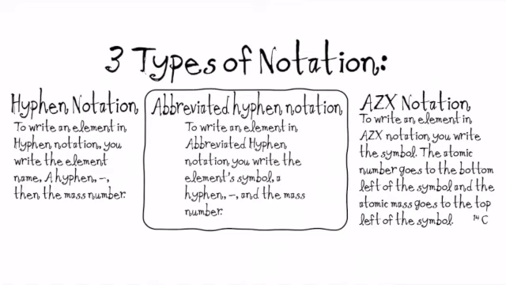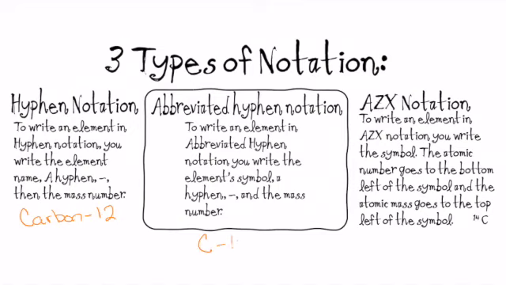So there are 3 different types of notation, or ways of writing different elements. The first is hyphen notation. So to write an element in hyphen notation, you write the element's name, a hyphen, then the mass number. So like the example before, carbon hyphen 12. In abbreviated hyphen notation, you write the element's symbol, a hyphen, and then the mass number.